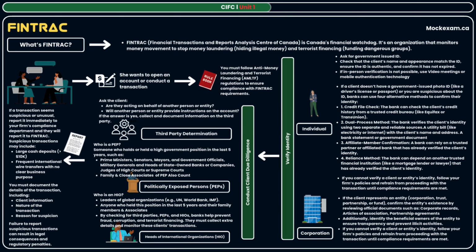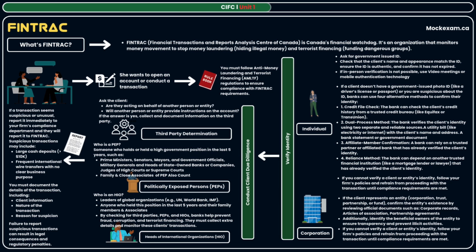Great. This was about FINTRAC. We had normal individuals. We identified them. And if we're suspicious about their ID, we had those 4 alternative channels and methods to verify their identity. Then we had normal corporations.